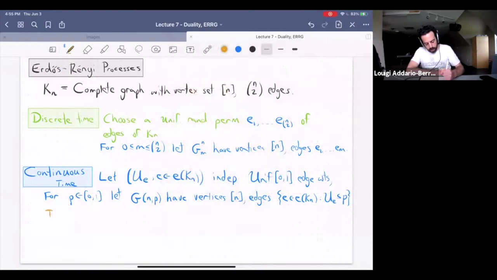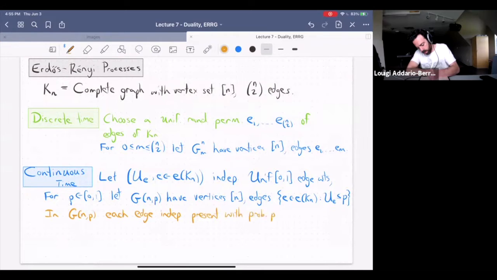So in this graph, each edge is independently present with probability p. If you like, you just toss a biased coin which has probability p of coming up heads. If it comes up heads, you include the edge, and otherwise you don't.